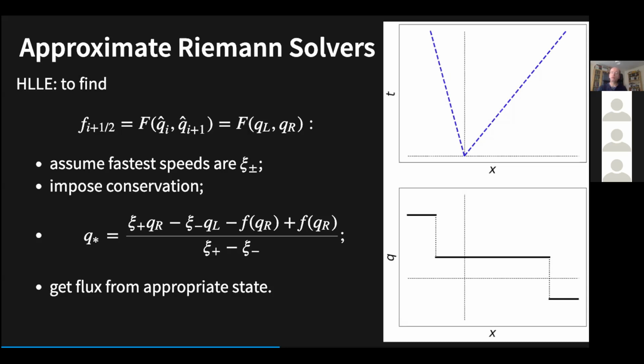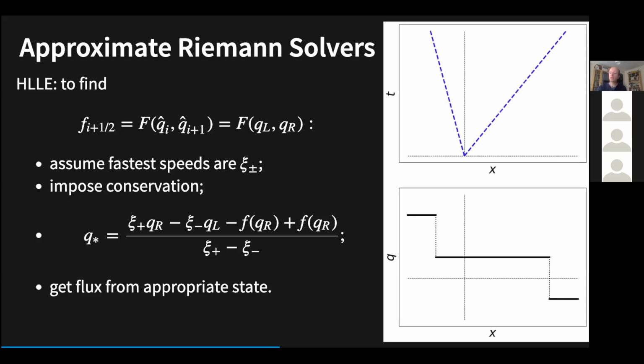If both psi minus and psi plus are positive, then the intercell state is given by Q left. If both are negative, the intercell state is given by Q right. If they switch sign, which is the interesting case, then the intercell state is given by Q star, which is a simple algebraic closed form solution in terms of the speeds, Q left and Q right. And then we get the intercell flux from F applied to the intercell state.